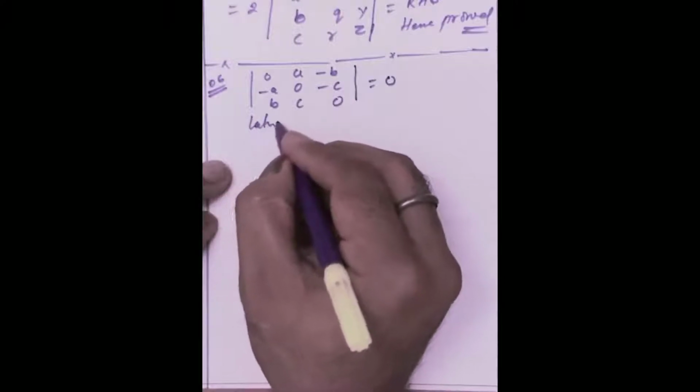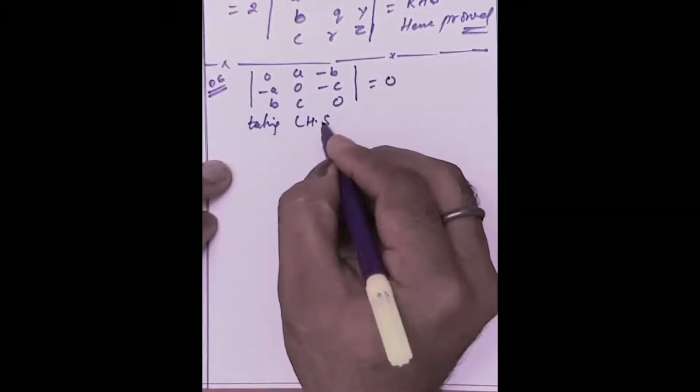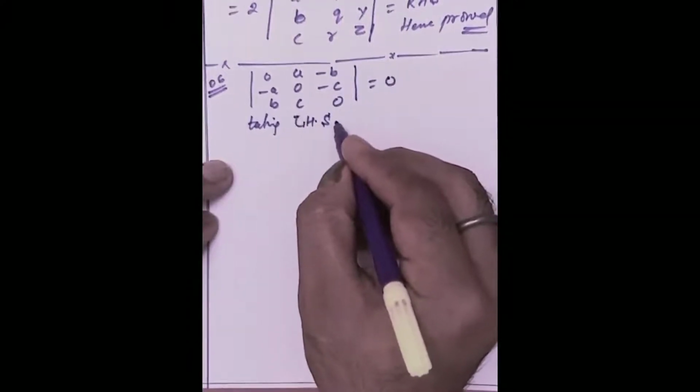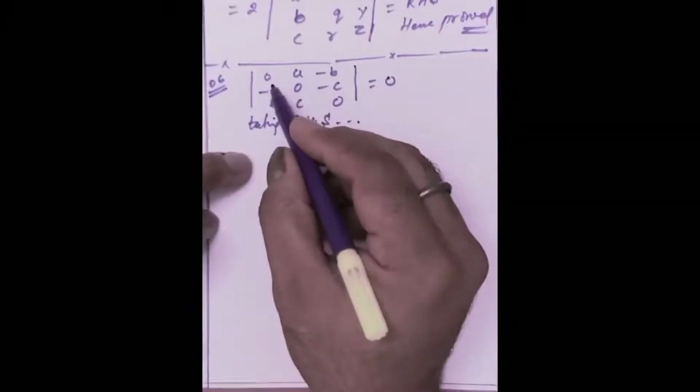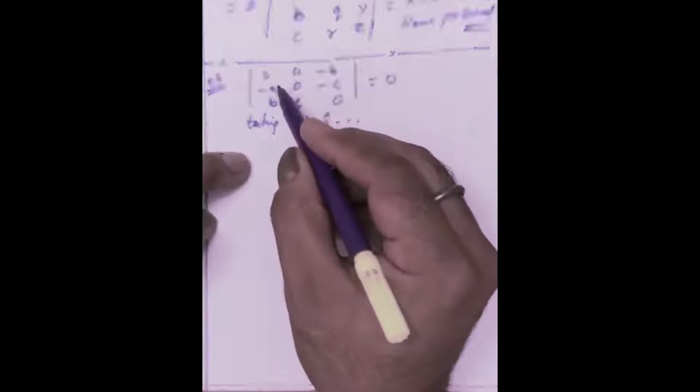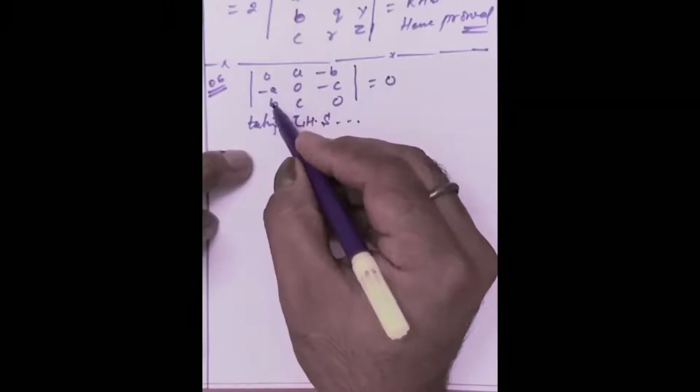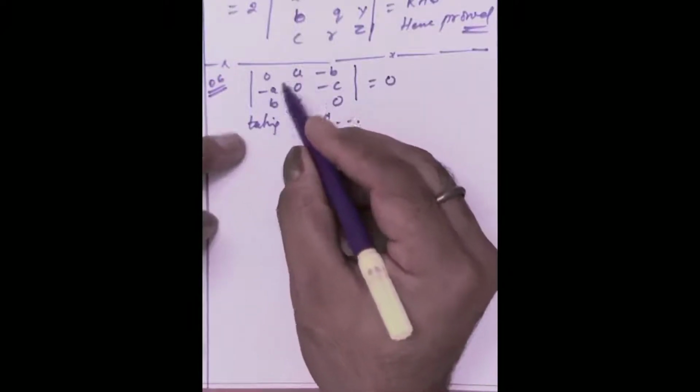So taking the left hand side, let us check it out. Just now look at here, 0 minus a b and here 0 plus a minus b.